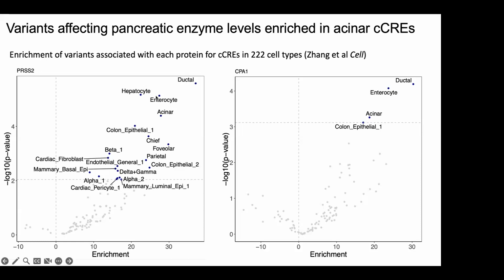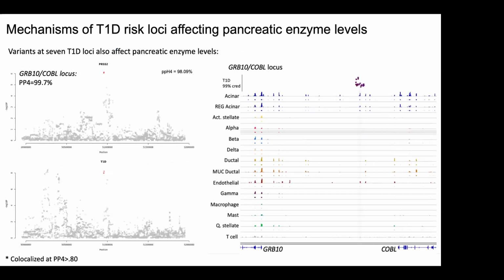So this is supporting that the causal process, in which these protein levels contribute to disease, is mediated through exocrine cell types in addition to other cell types outside of the pancreas, notably the gut. So this is further evidence that exocrine cells are contributing causally to the development of type 1 diabetes.